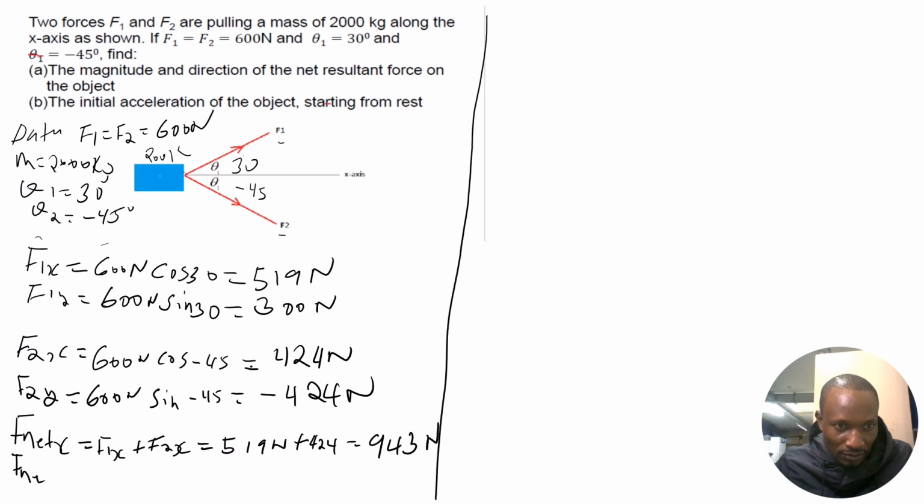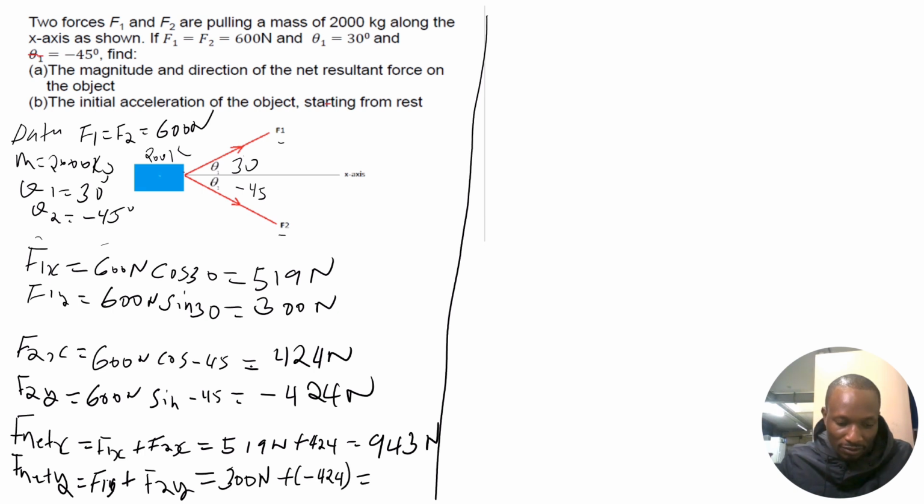And F net in the y component is going to be F1y plus F2y, which is going to give us F1 is 300 newtons plus minus 424, and that gives us minus 124 newtons.